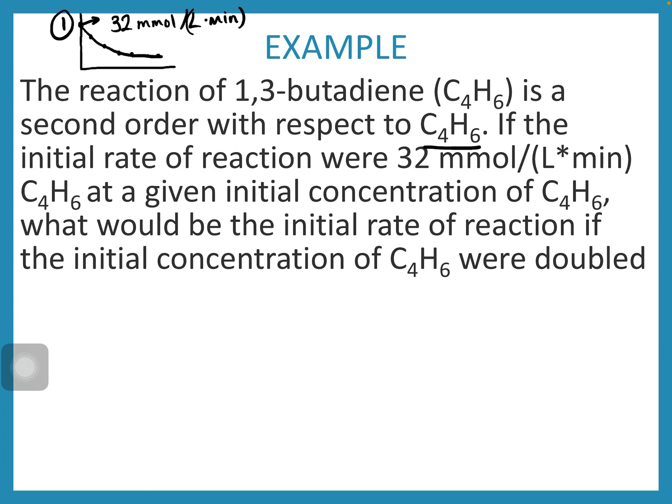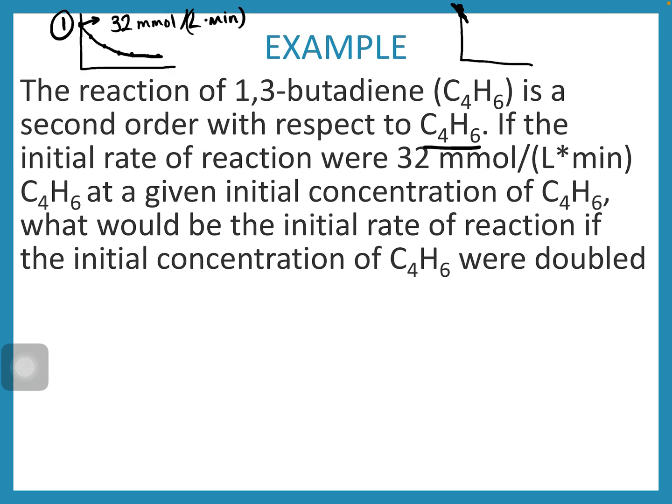So the question is asking that if I have a different starting concentration, so if I were to double the concentration, what is going to happen to the initial rate? So what would be the rate at this point if I have a doubled concentration?